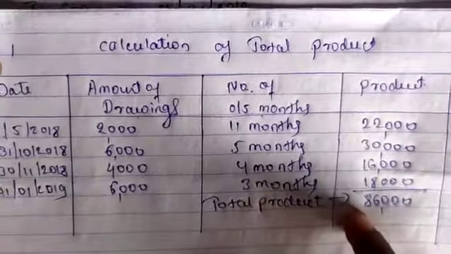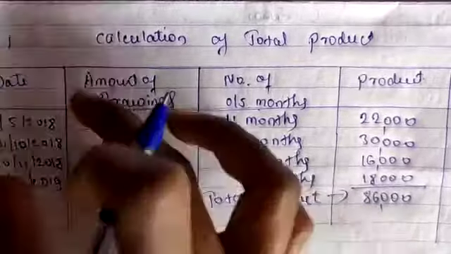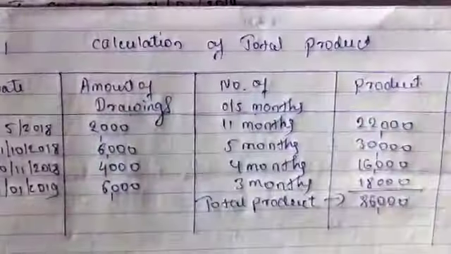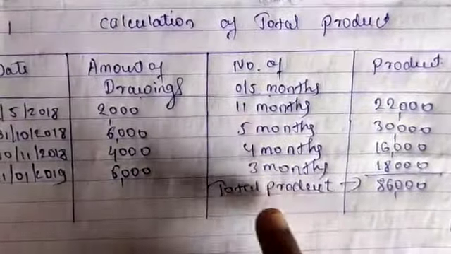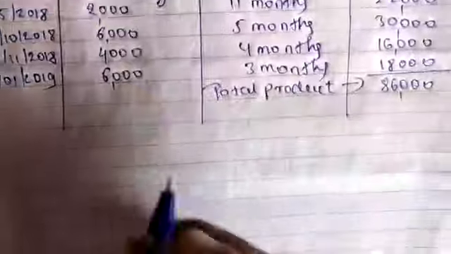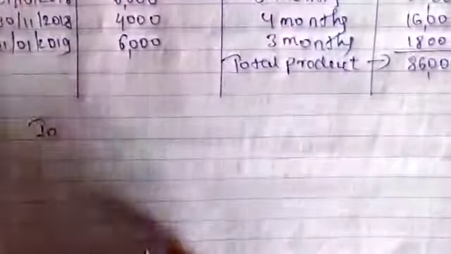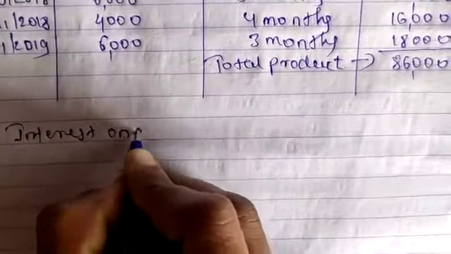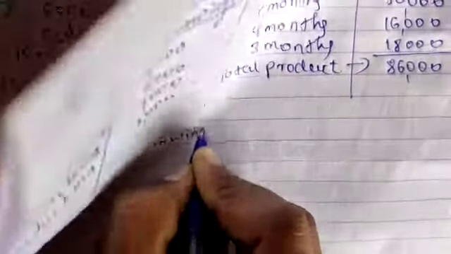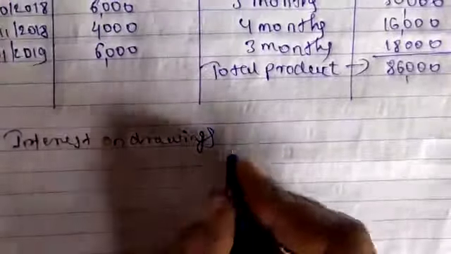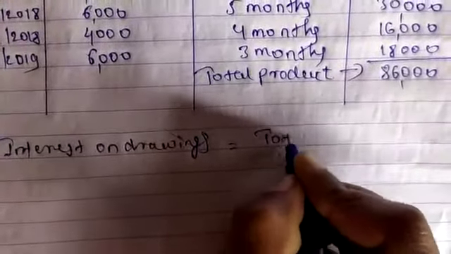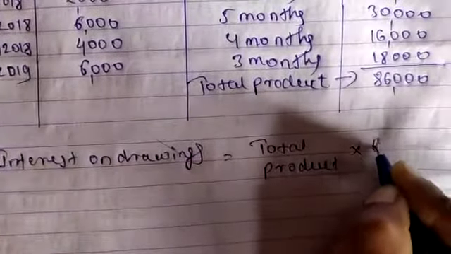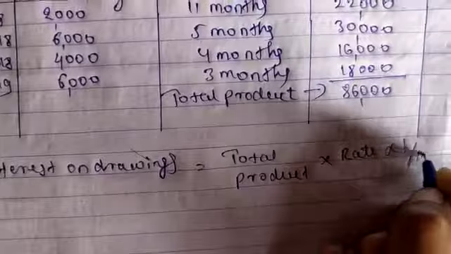We got the total product from the formula by taking this table: date, amount of withdrawings, number of outstanding months and product column. So this is the method to calculate the total product. So now take the formula to calculate the interest on drawings. Interest on drawings equals total product into rate into 1 divided by 12.